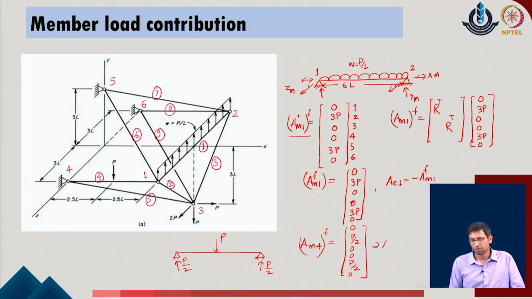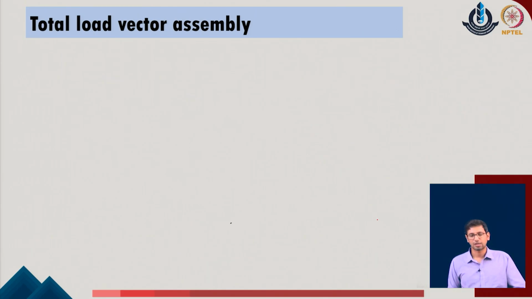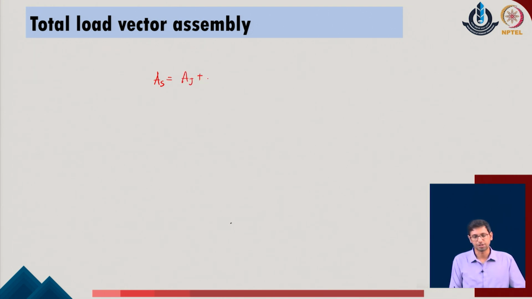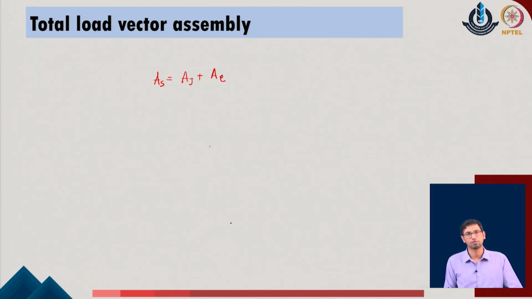I can now convert the equivalent joint loads for this member force also, and that comes out as the opposite of the given system. So, once we are able to do it, now I can easily identify these values. I can call that now the overall structural system will have the force which is A of G plus A of E in the given problem.